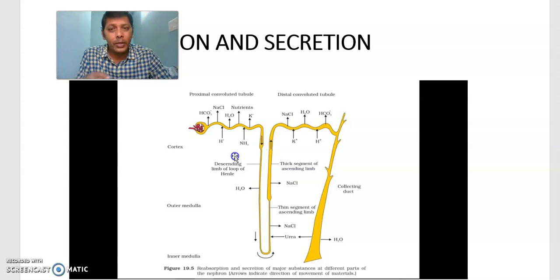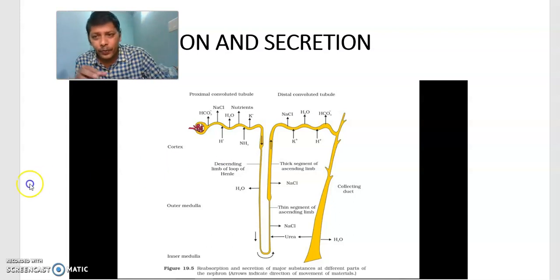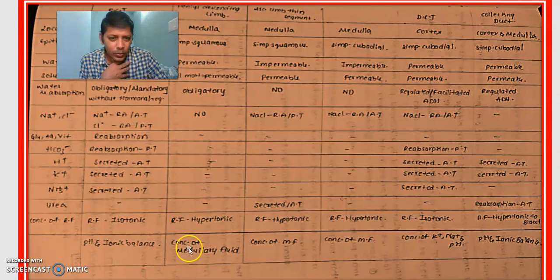Urea plays an important role, like NaCl, in maintaining the medullary interstitial fluid, as you learnt in the beginning of this lesson. Mammals store some amount of urea in the medulla to maintain the desired osmolarity to form hypertonic urine.